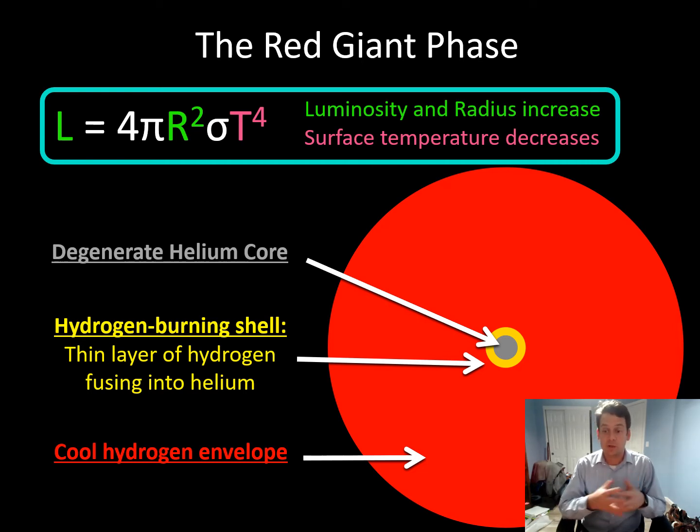So a very strong function of the temperature. Doubling the temperature leads to a 16-fold increase in the luminosity. And of course, luminosity goes up as 4 pi r squared, the surface area of the star as well, because if you have a larger star, there's more surface area from which to radiate, and so there's more luminosity.